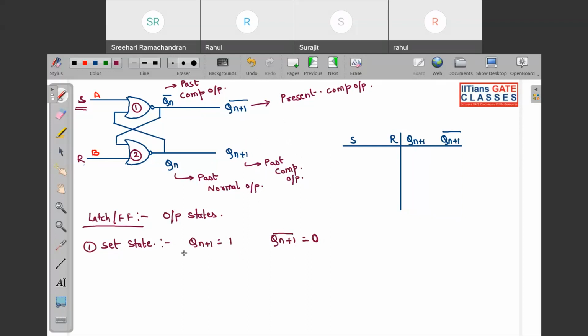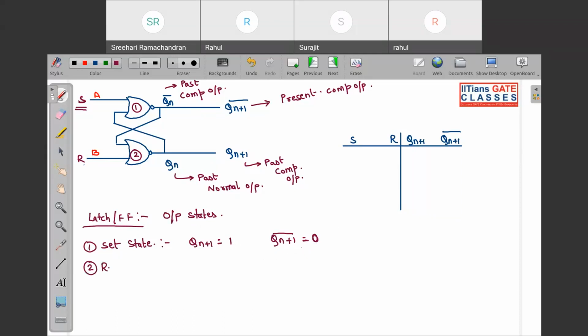It cannot be that both of them are 1 1 or both of them are 0 0. For that also we have a particular case. So basically I am classifying the output states. The output state is known as set state when your Qn plus 1, the normal output, is 1 and the present complemented output is 0.